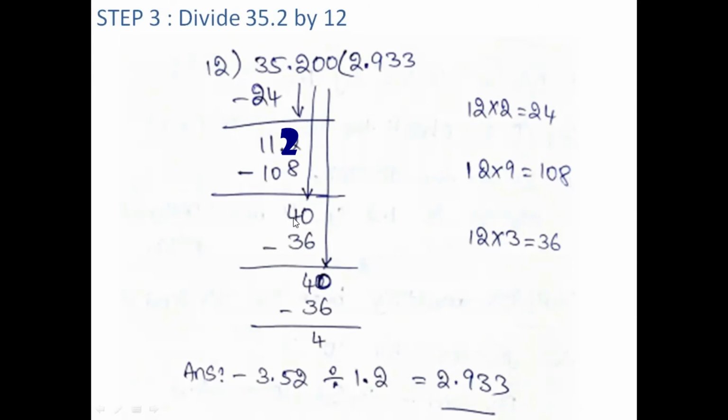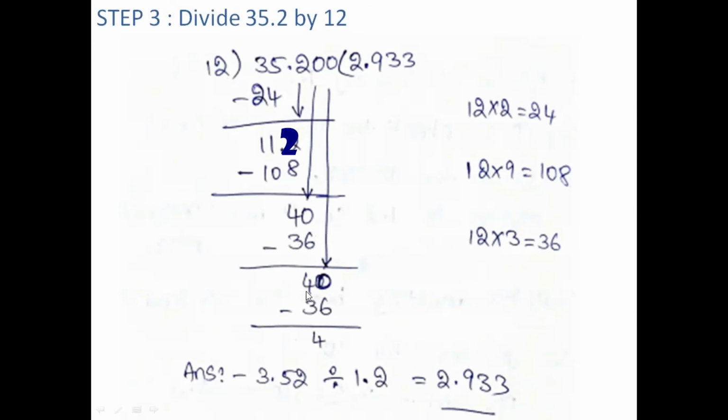We cannot write like that, so keep 0 in the dividend. Then write it down, it becomes 40. 3 twelves are 36. 40 minus 36, the difference is 4.